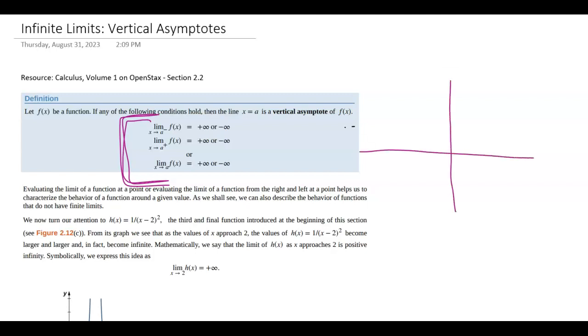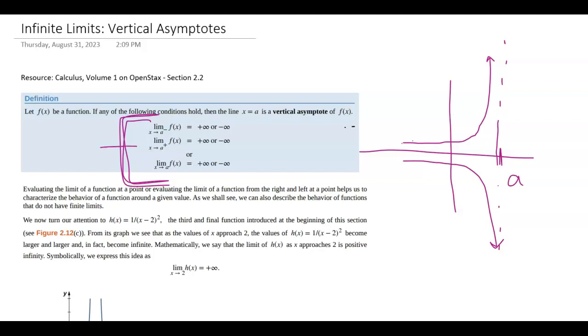If you approach some x value, let's call it a over here, and let's just look at this first one, from the left. And if you notice the graph, as you approach a from the left, it ends up trending up to positive infinity, or as you approach the graph from the right, it trends down to negative infinity, then what that means is you must have a vertical asymptote at a.